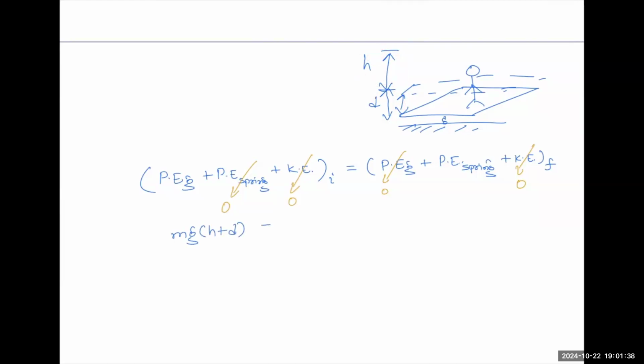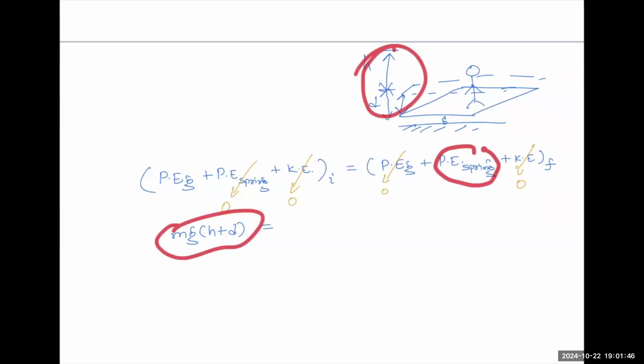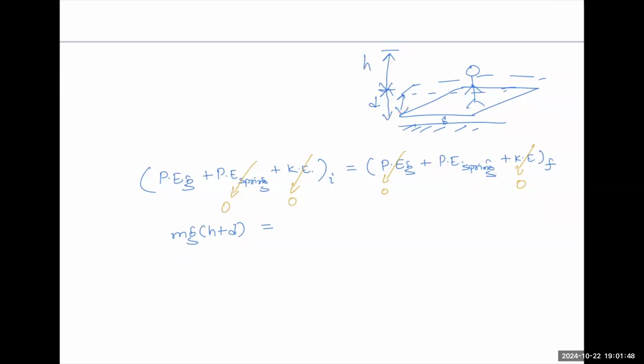And this must be equal to what? When this thing is completely compressed, all this energy, whatever the height she compressed from, will be stored in the spring as potential energy. And then the energy for the spring is half k d squared. Make sense?